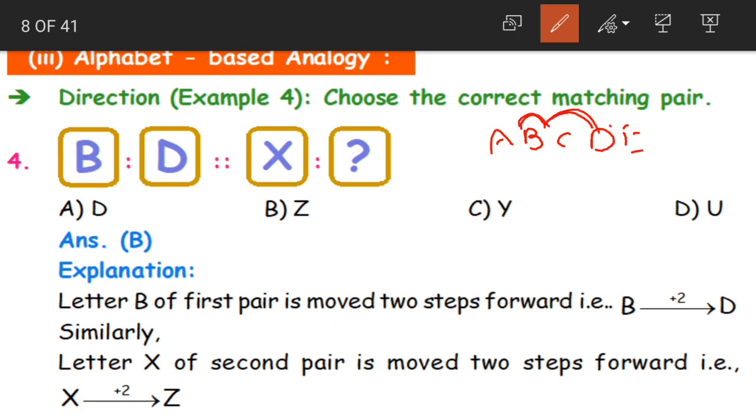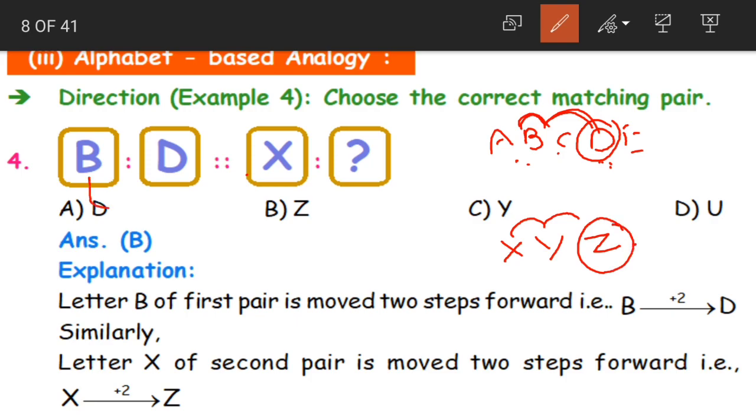Where do we arrive? We arrive at D. Yes, from B if we take 2 steps, we arrive at D. In the same way we have X, Y, Z. So from X if we move 2 steps, we arrive at Z.